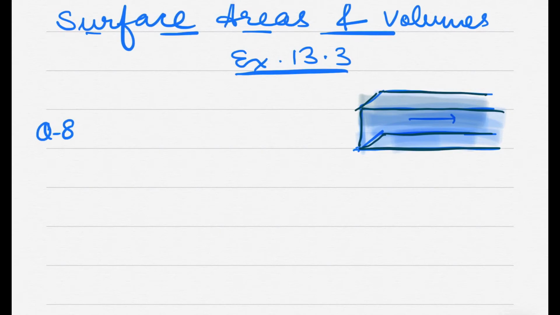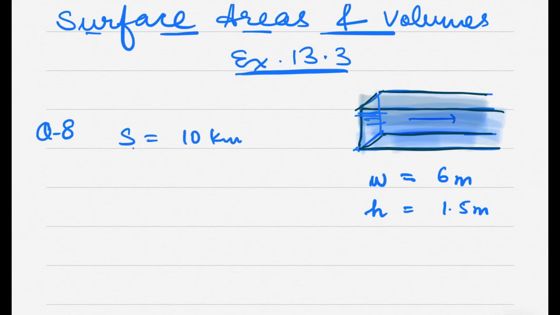So this canal is to irrigate the field, this side is also, I know it is open only. So now this length here, width is given. So my width is given as 6 meter, and height or the depth we can say will be 1.5 meter. Both are in meters, and speed is equal to 10 kilometer per hour.